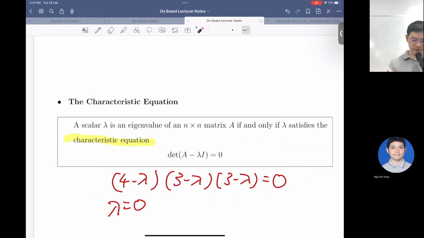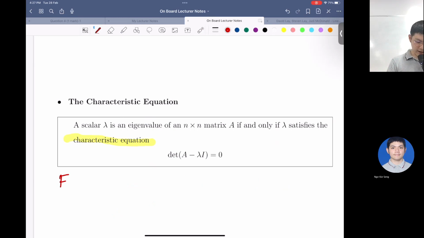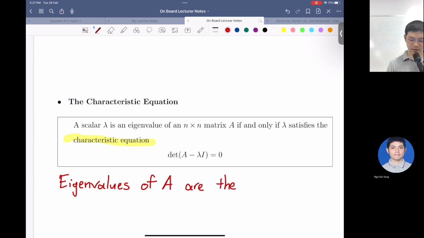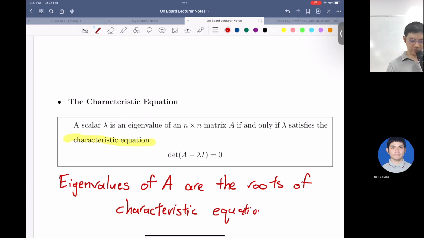Okay, let me write it down. Eigenvalues of A are the roots of the characteristic equation. For the triangular matrix case, the diagonal entries are the eigenvalues.